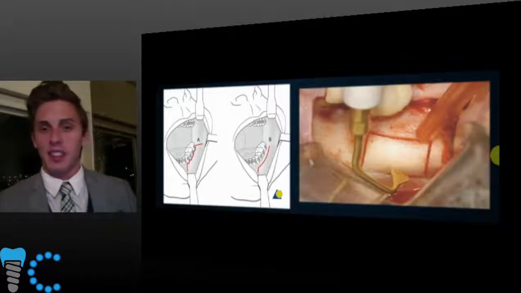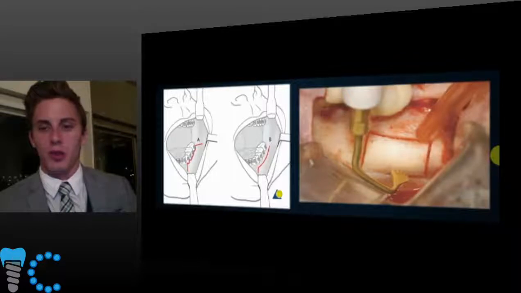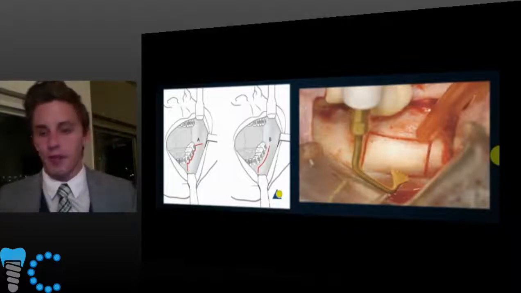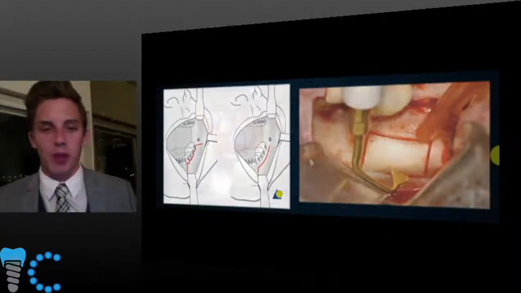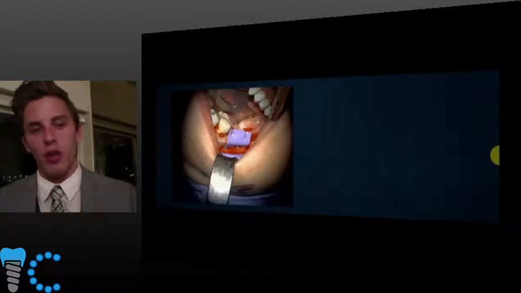This case, we did not use a piezoelectric. I just found this was a beautiful photo of a lateral window on the mandible, and we remove that buccal cortical plate, and then the nerve's exposed. So what we do here, this is a clinical photo of the nerve.